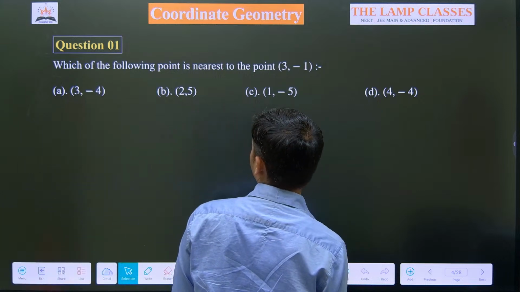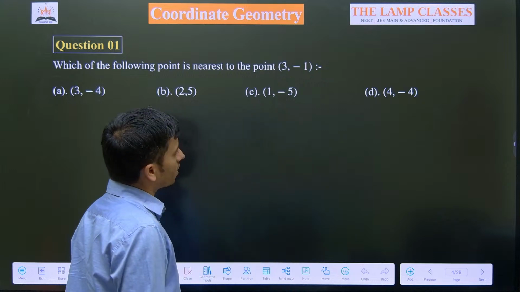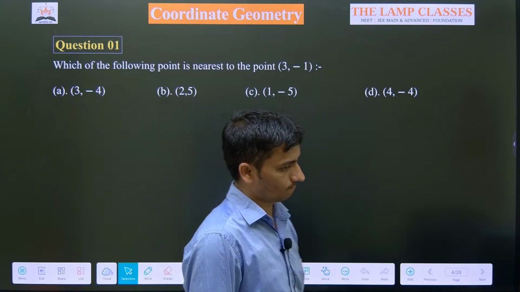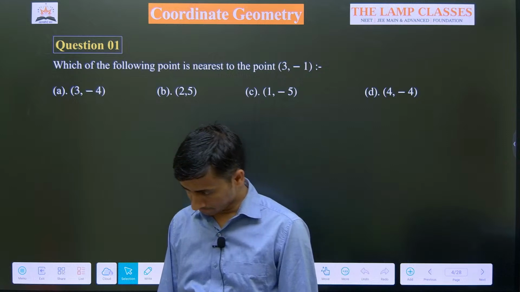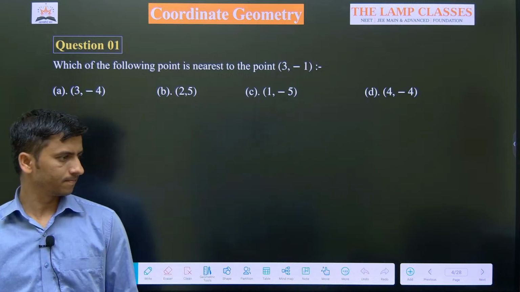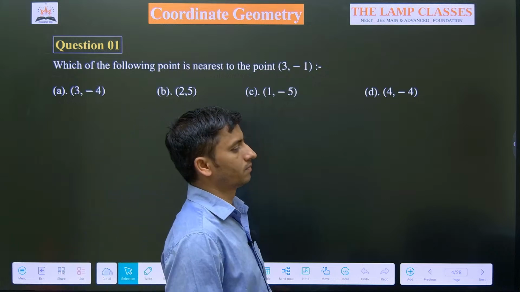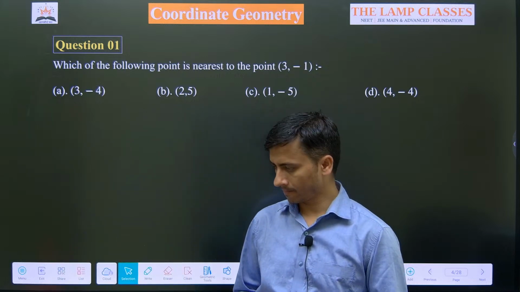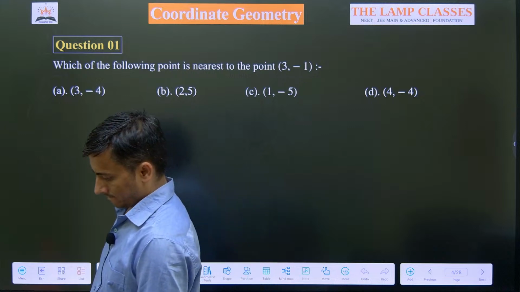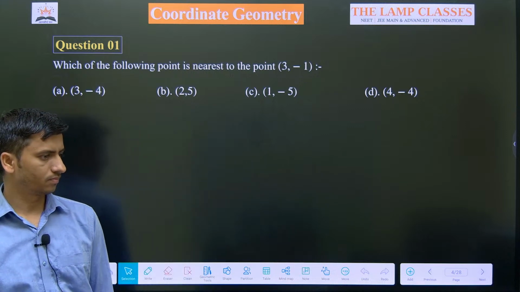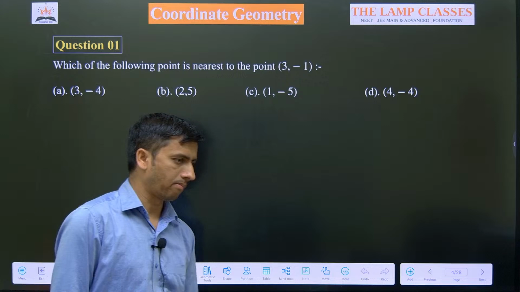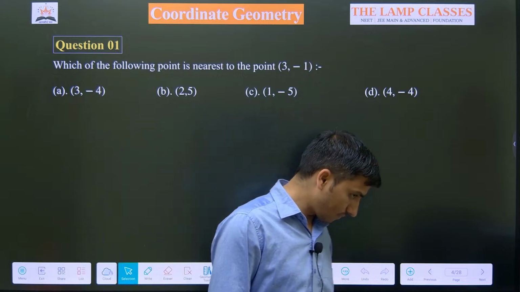The question is, which of the following points is nearest to the given point (3, -1)? Try this quickly and then we'll discuss.